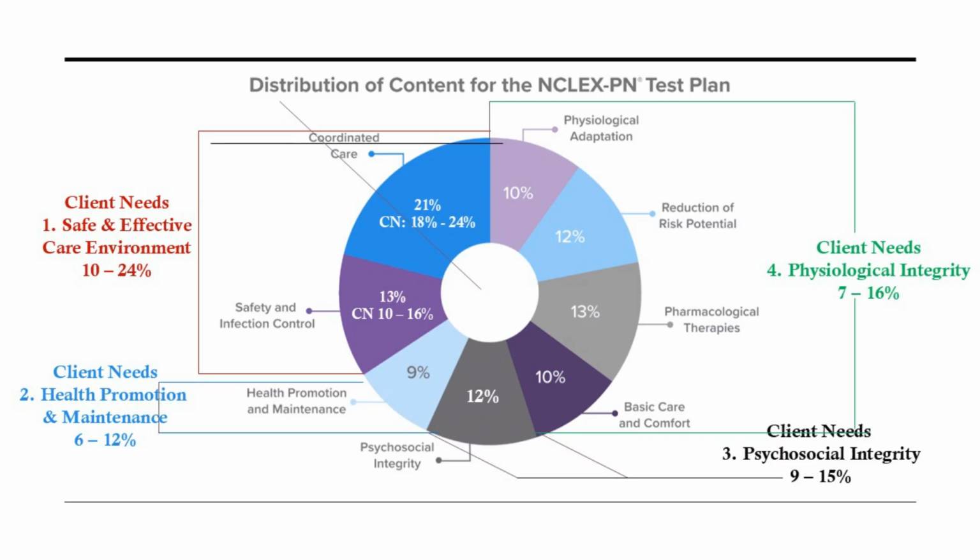The content of this category is broken down into 4 subcategories. So, what does physiological adaptation encompass? This is the category that most nurses have a problem with because physiological adaptation focuses on how nurses care for clients experiencing physiological changes, whether they're acute or chronic.